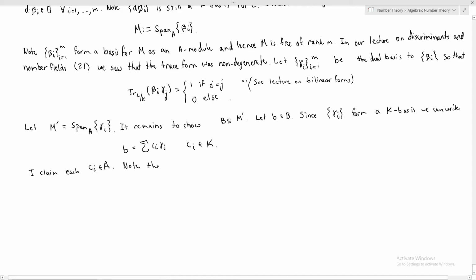Note that the trace from L over K of b times beta sub j, well, the trace is K linear, so this is the sum over i of c sub i times the trace from L over K of gamma sub i beta sub j. This is 0 when i is different from j, and 1 when i equals j, so we just get c sub j.